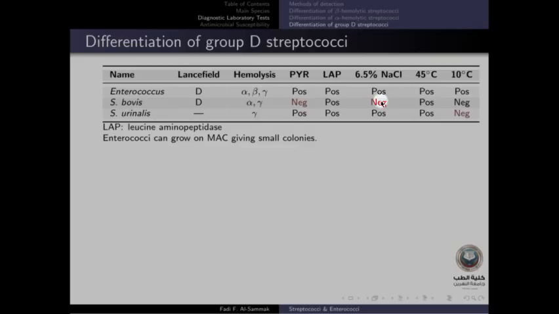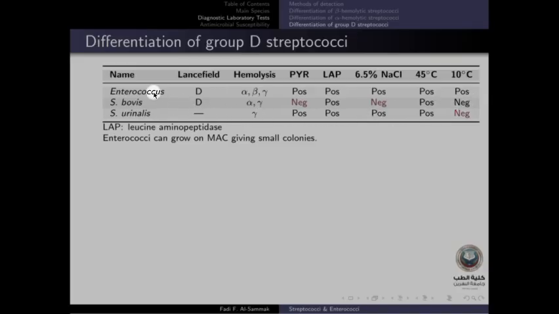Because Enterococcus is known to be resistant to harsh conditions, and the habitat is colon, large intestine. Therefore, it is not surprising to see that Enterococcus can tolerate the growth at 6.5% NaCl, and also at different temperatures as high as 45 degrees and as low as 10 degrees. And it is also another test to tell them apart.